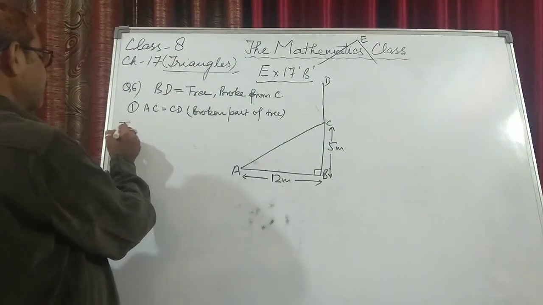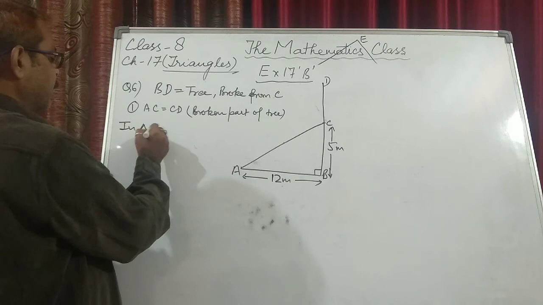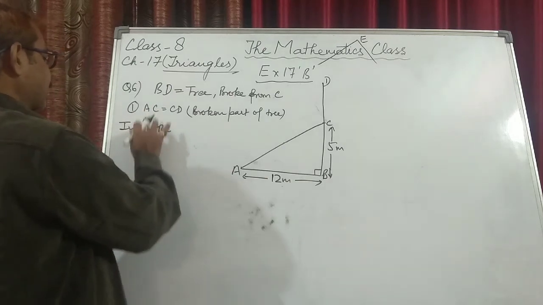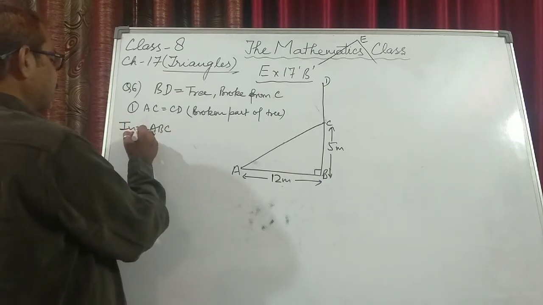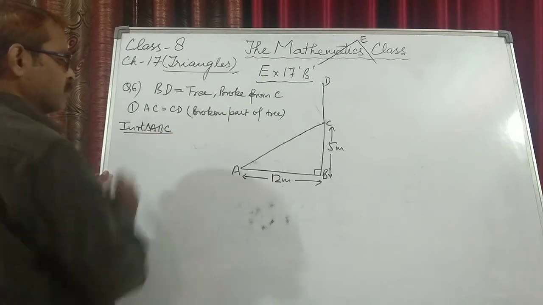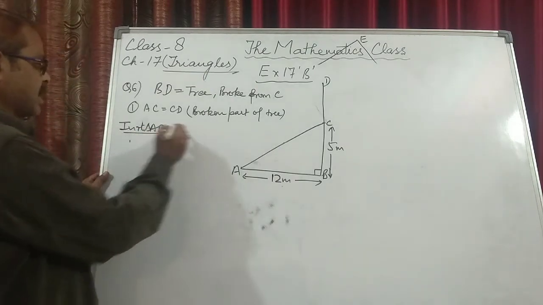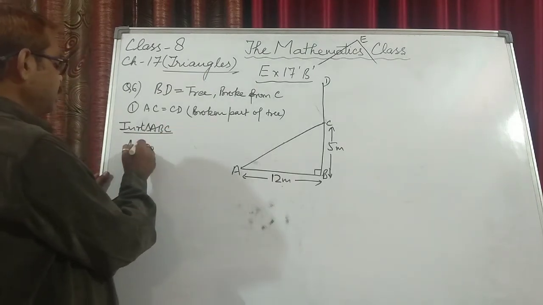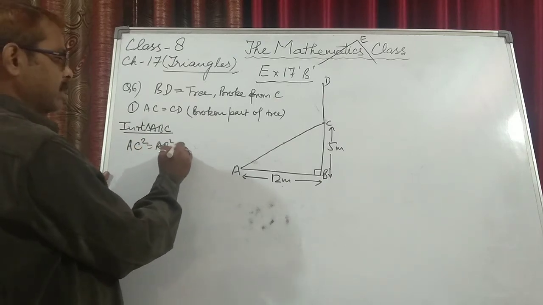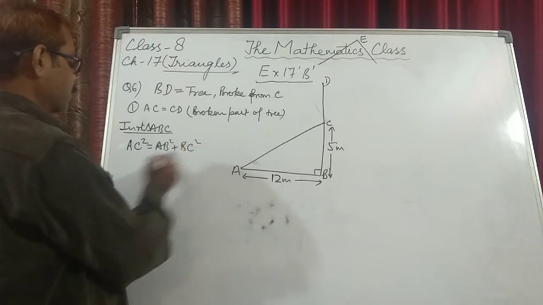So we can say in triangle ABC, or to make it more clear, in right triangle ABC, what we can say? AC is the hypotenuse. So AC square is equal to AB square plus BC square.